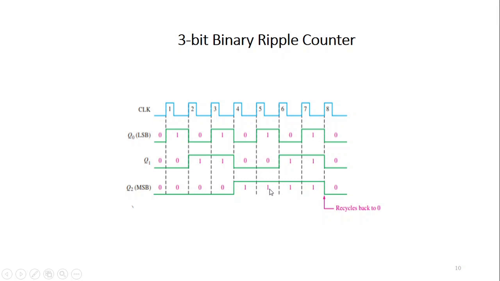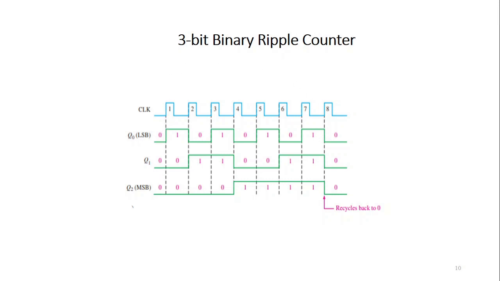The next clock pulse, 1 0 1, stands for 5. For the next clock pulse, 1 1 0 is the output from the counter, which stands for 6. And the next count is 1 1 1 in the 7th clock pulse. And in the 8th clock pulse, all the flip-flops are reset.